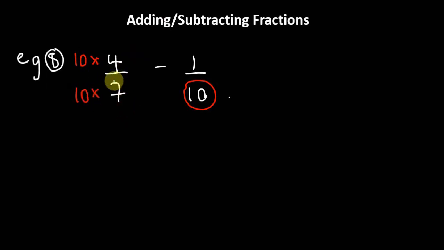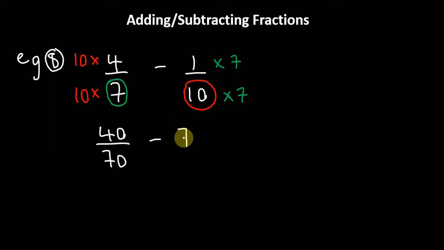And because we have 7 on this side, we multiply both the top and the bottom of the fraction here by 7. Now we carry out the multiplication. So 10 times 4, that's 40 over 10 times 7, that's 70, minus 1 times 7, that's 7 over 10 times 7, that's 70.